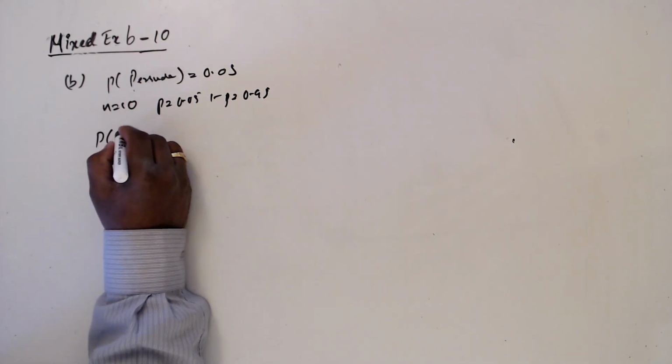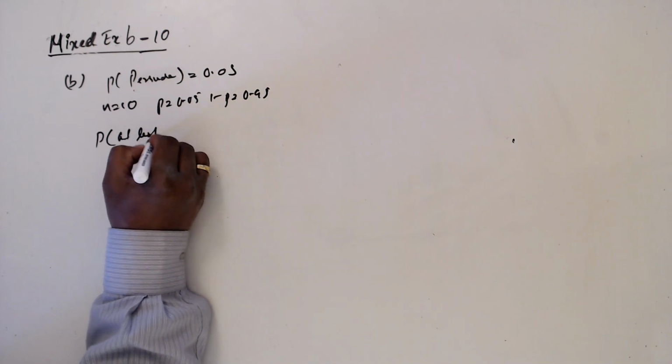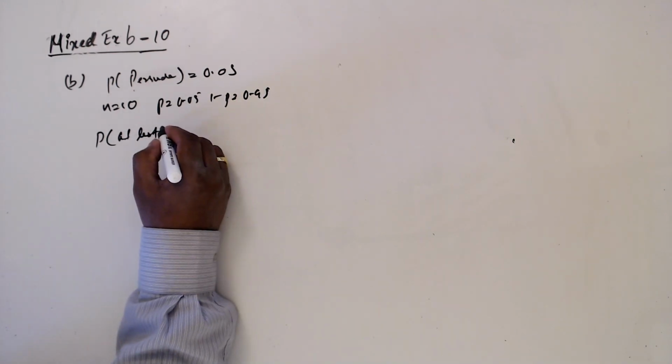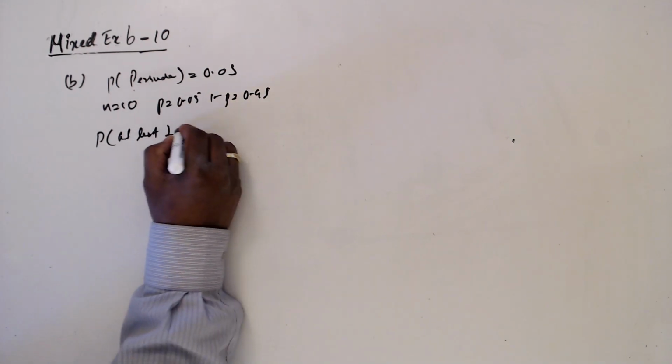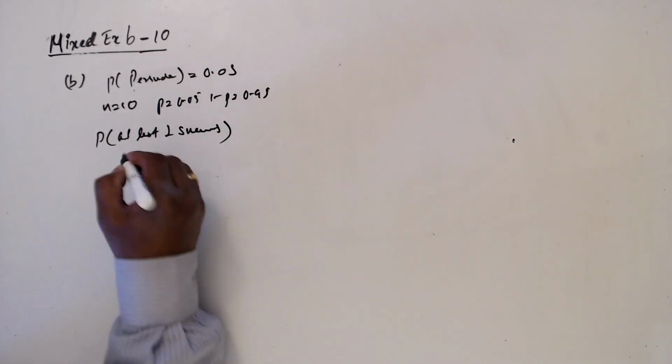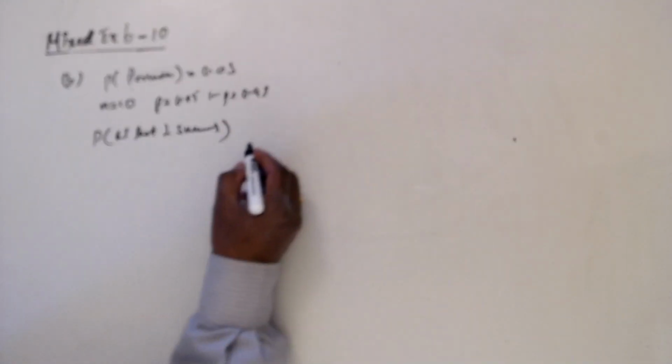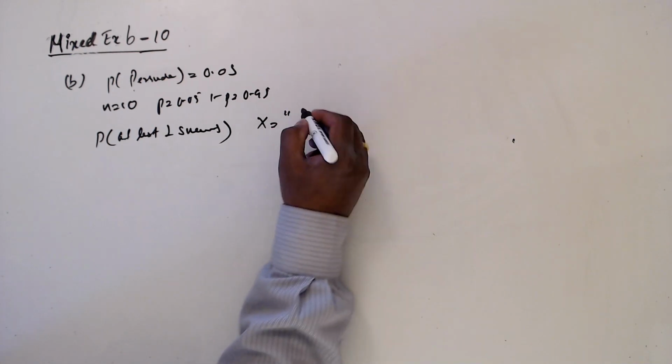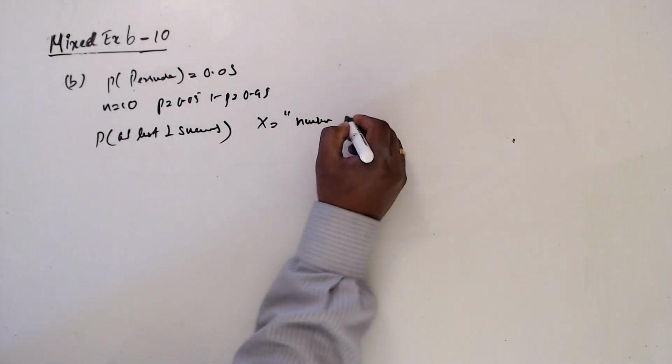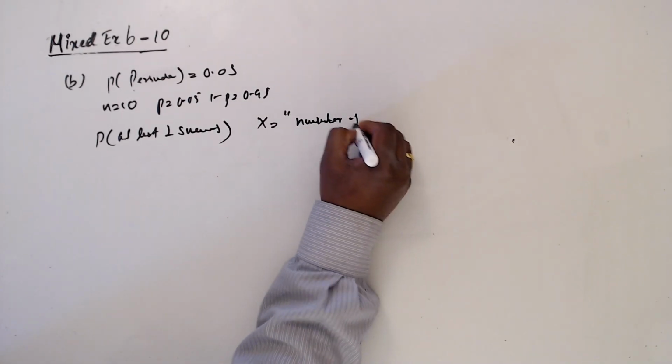Probability of at least 2 success. X is the variable, number of success.